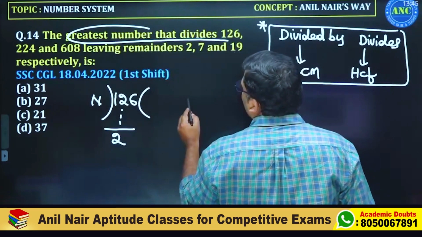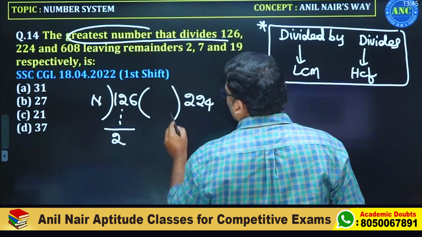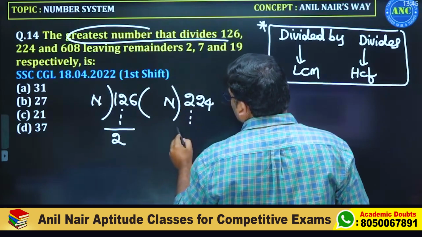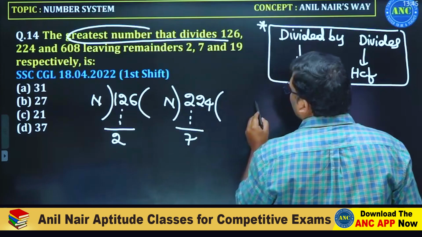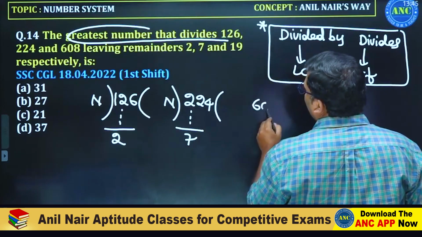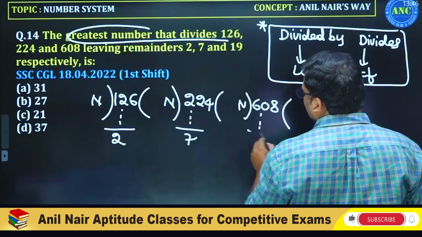The number that divides 224 and gives a remainder of 7. The number that divides 608 and gives a remainder of 19.